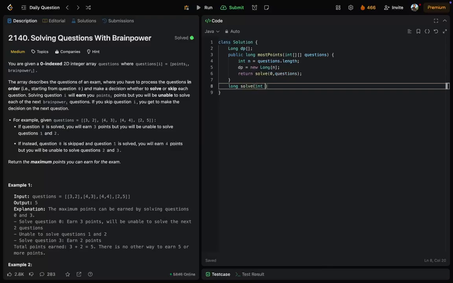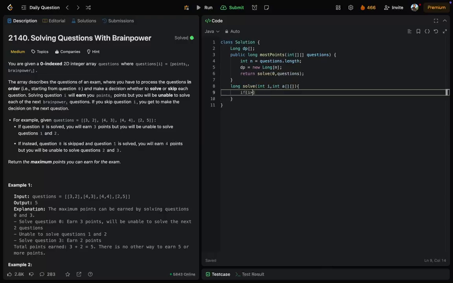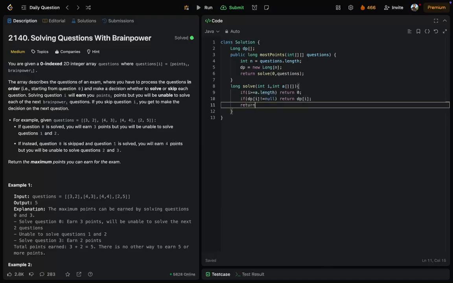We have I and we have a. If my I is inaccessible, so directly return 0. If this index is already solved, just return this cell. Otherwise, we have two choices, and we need to figure out the maximum between two choices.